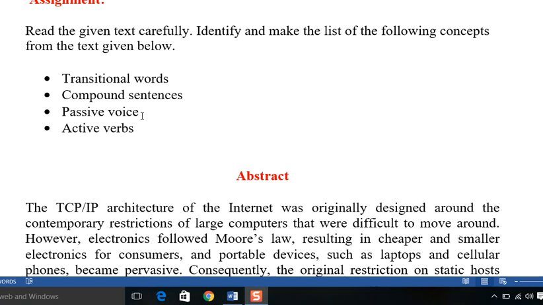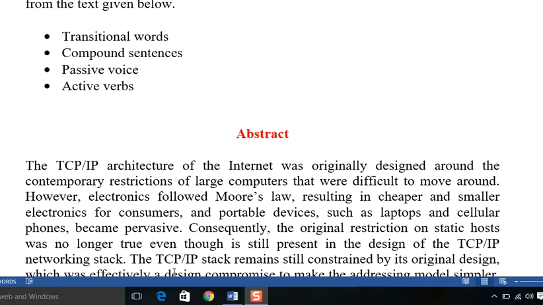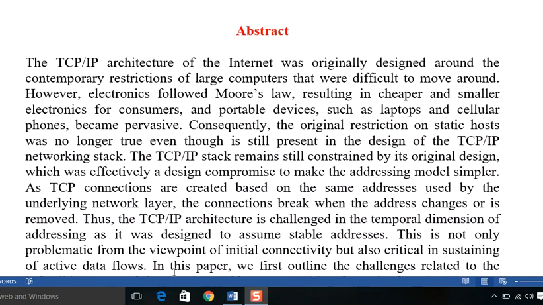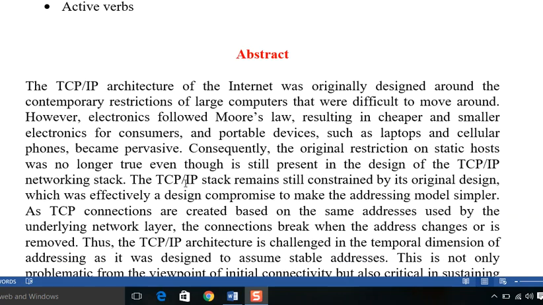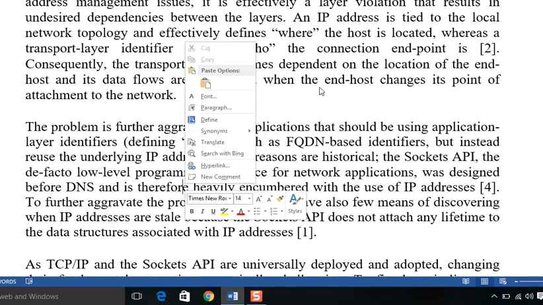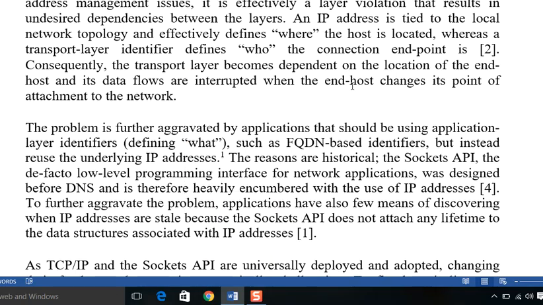Then compound sentences: read the sentences carefully and find which type of sentence each one is. And third is passive voice: find out which sentences are written in the passive voice.